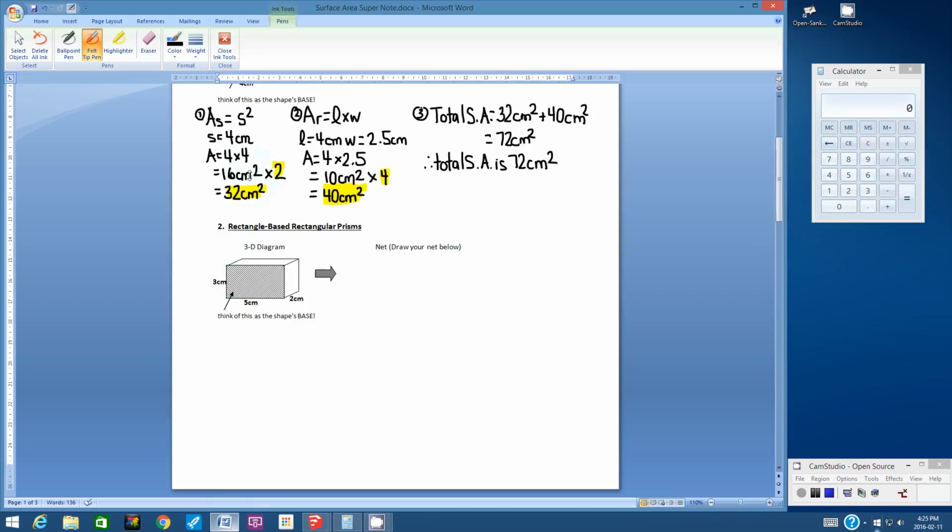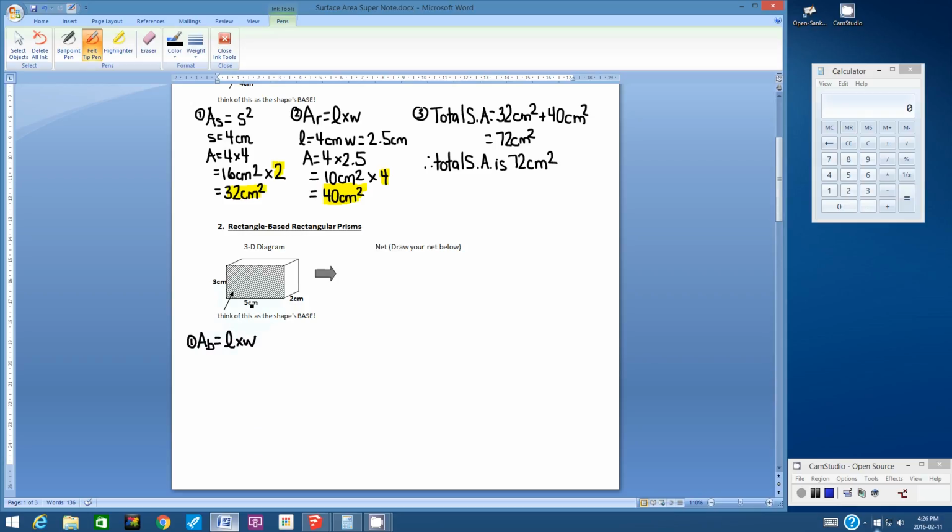Okay, so as we did with the first example, let's start with the base. The base is a rectangle because this falls under the category of rectangle-based rectangular prisms. So let's start with our formula for the area of a rectangle. Area of the base equals length times width.